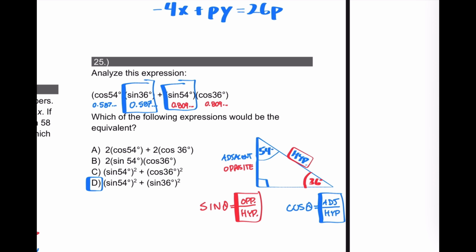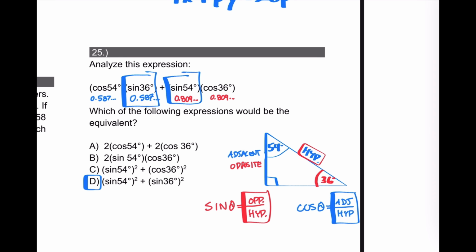If you use 36 degrees, then you're looking at opposite over hypotenuse. But if you use the 54 degree angle, you're looking at adjacent over hypotenuse. So those are going to be the exact same ratio, therefore the exact same value. That is why that works out like that in your calculator.